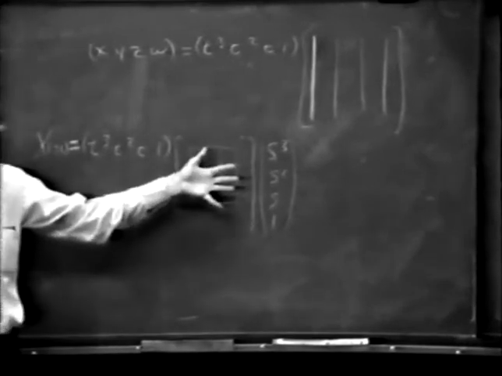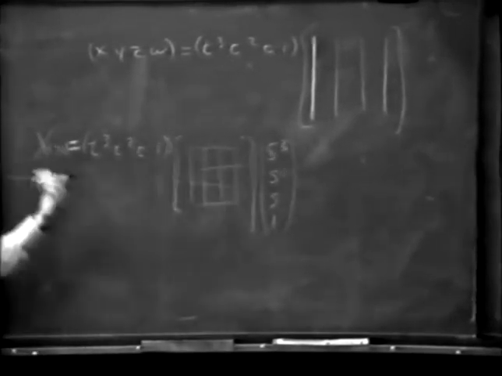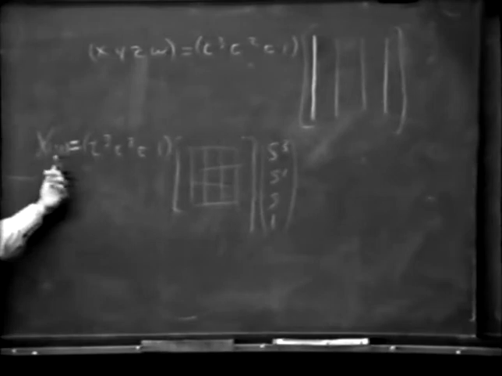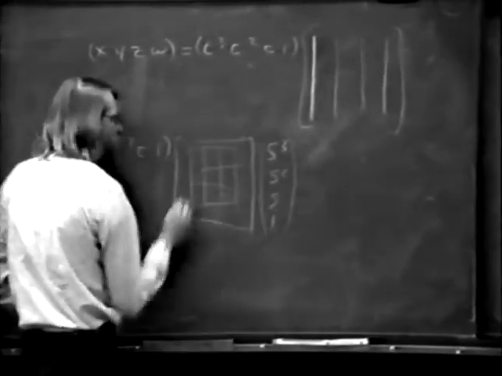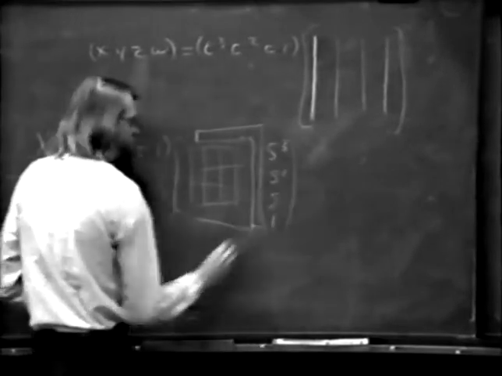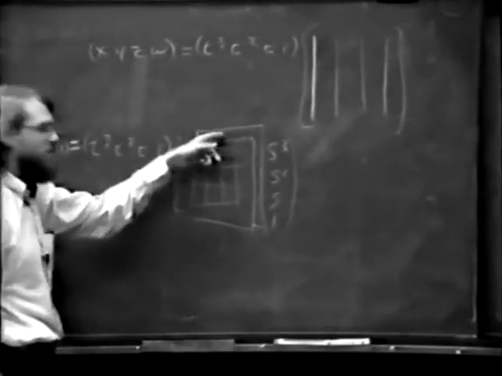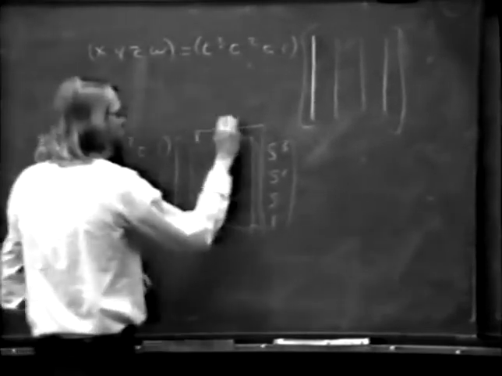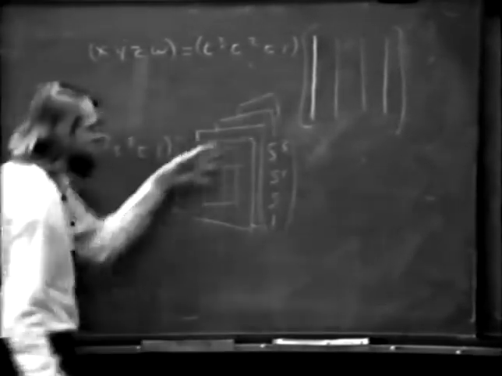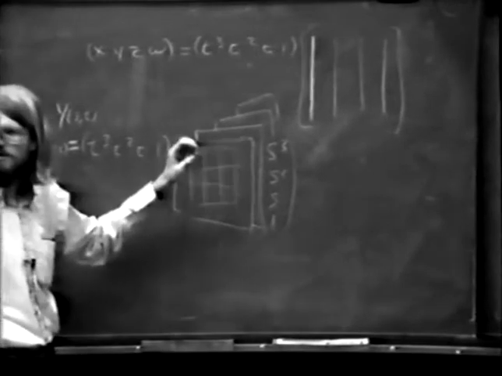One of these 4x4 matrices contains the coefficients for generating just one of the coordinates, just the x coordinate. So you have another 4x4 matrix, which you can think of as being in a plane behind this one, which generates the y coordinate, and a third one for the z, and a fourth one for the w. So this is almost a cube of numbers here.